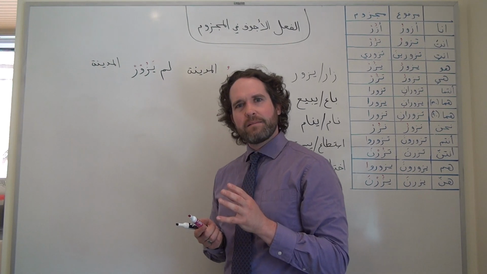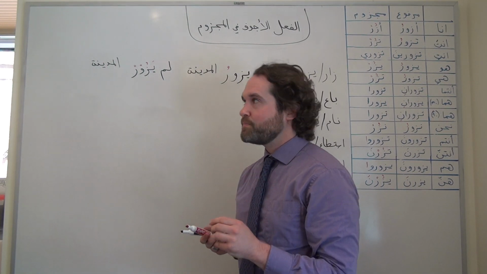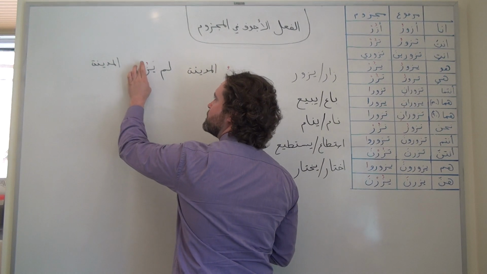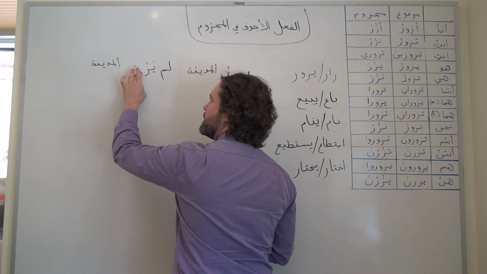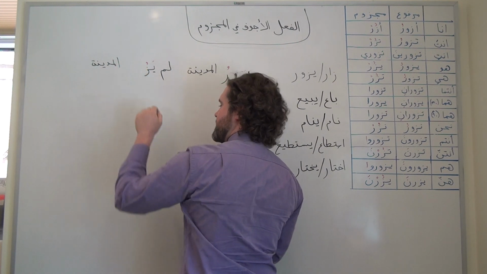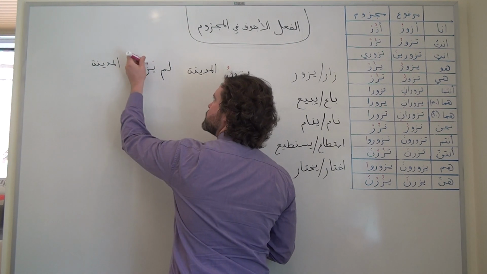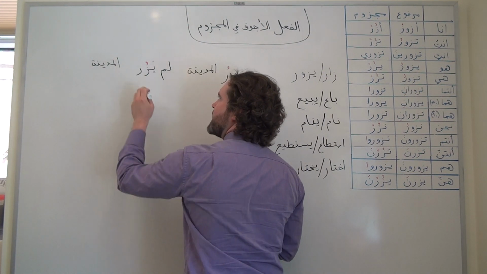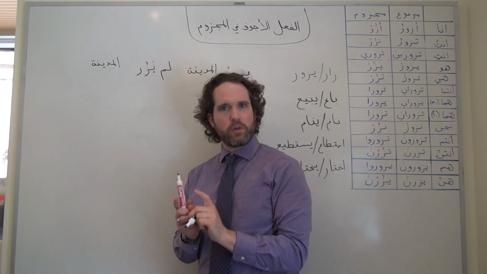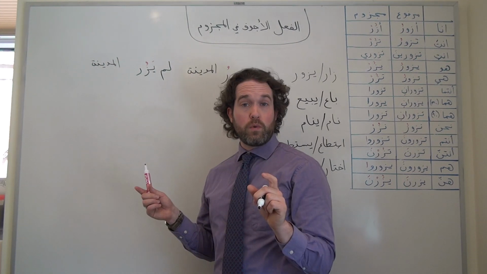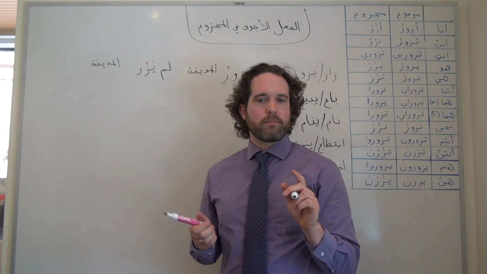So instead, what we need to do is we drop that waw, and instead we retain that dhamma here. That's sort of a substitute for the waw. And we have lam yazur with a short vowel, lam yazur, instead of la yazur with that long waw.